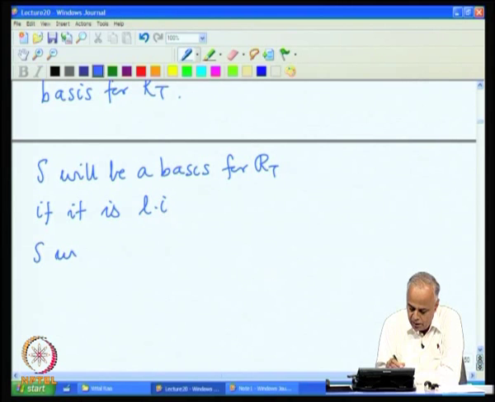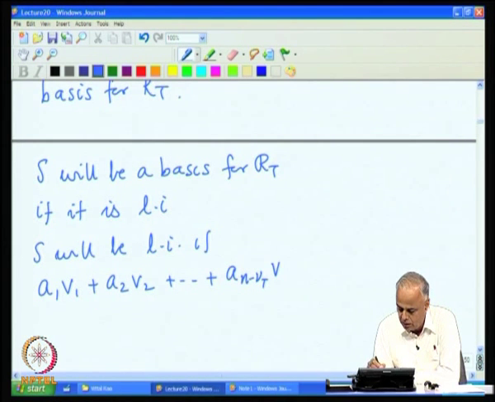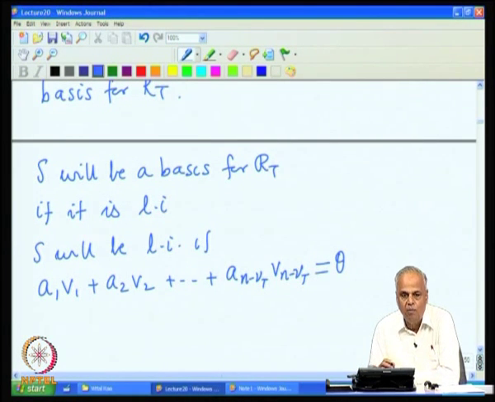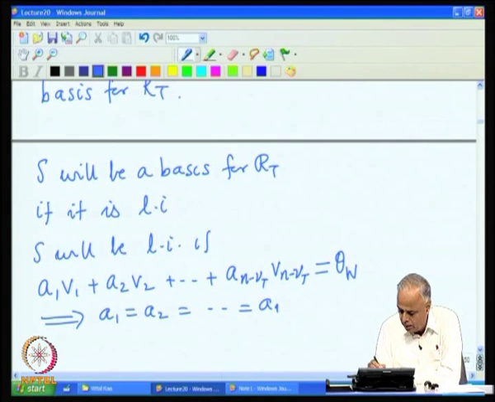So, S will be linearly independent if we look at any linear combination of these vectors in S, and if it produces the 0 vector, these are all vectors in W, and therefore, if it produces the 0 vector in W, then this must imply all the coefficients must be 0. That is the only linear combination which can produce it.